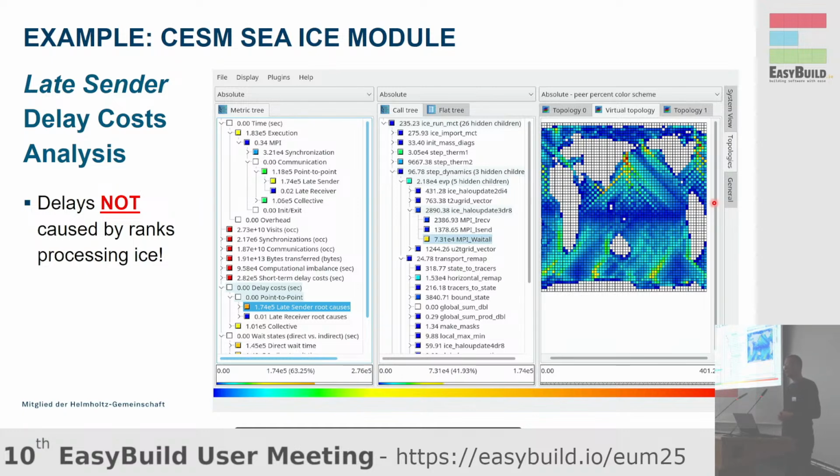Question from online. Does the tool also measure disk I/O? Sorry, I didn't get that. Does the tool also measure disk I/O? Yeah, disk I/O. So we capture POSIX I/O and MPI I/O, and that would end up in a separate metric up there.